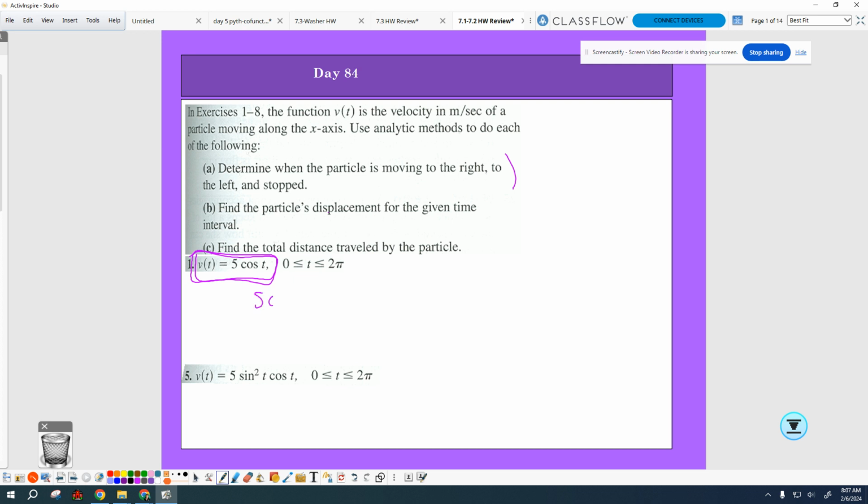It's not cost, it's cosine of t. When does cosine equal 0? Pi over 2, and anywhere else in that range? 3 pi over 2. So that is when the particle is stopped.